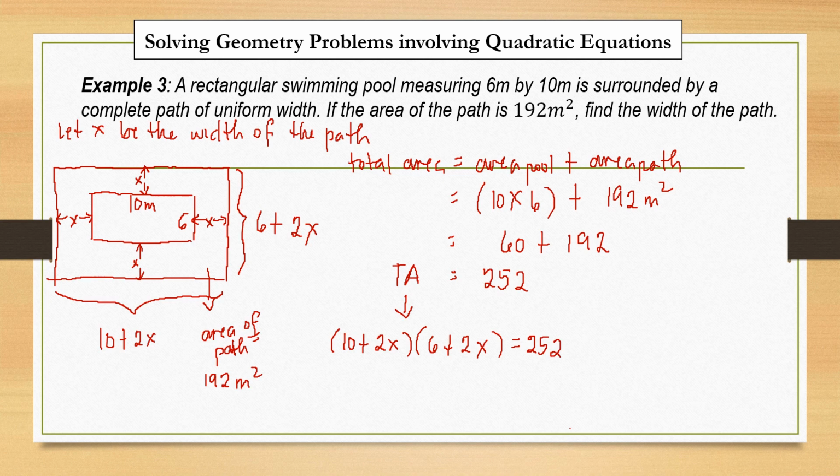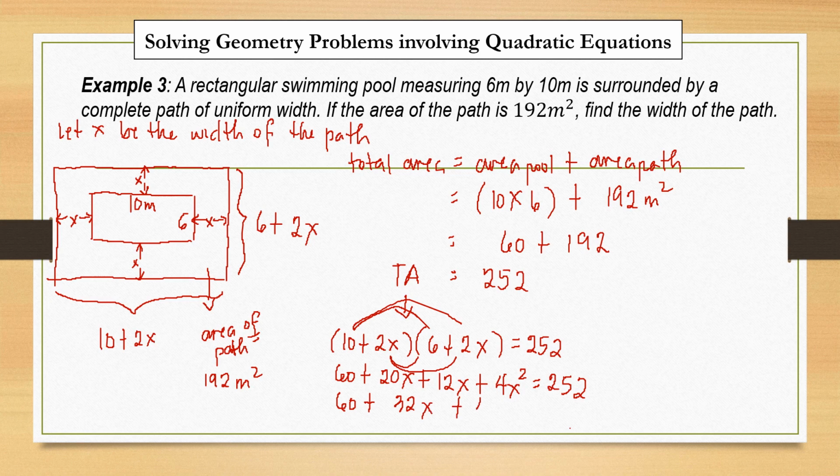By FOIL method, we have 60 plus 20x plus 12x plus 4x squared is equal to 252. Combining like terms, we have 60 plus 32x plus 4x squared is equal to 252.